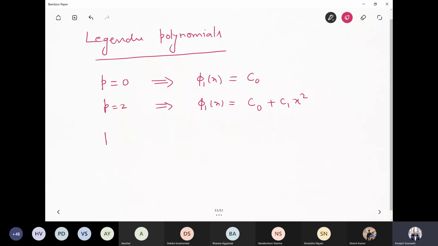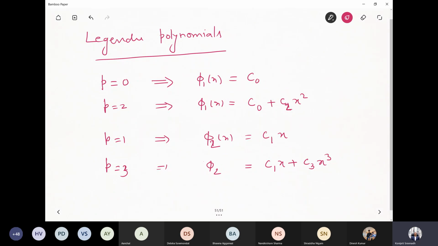Similarly, if I take p equals 1, I get p1(x) going to be C1 x, and for p equals 3, I get P2, which is going to be C1 x plus C3.